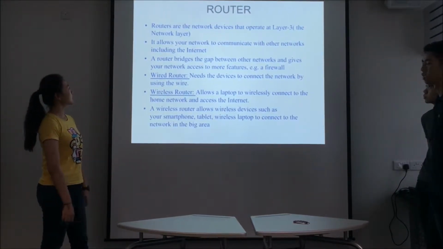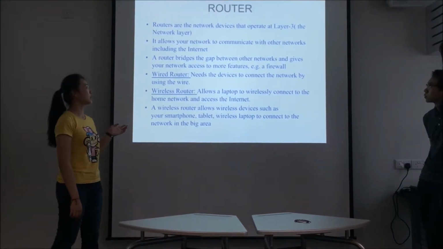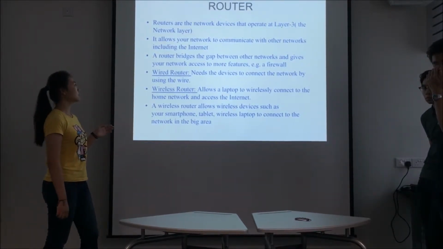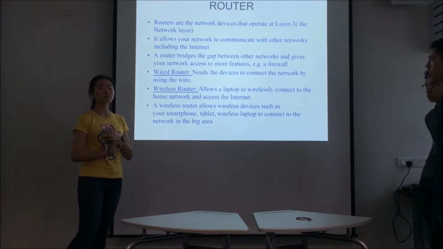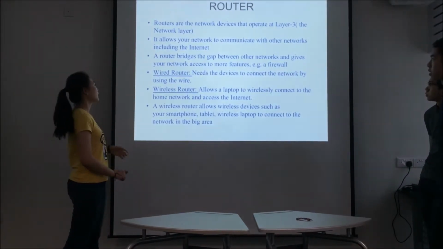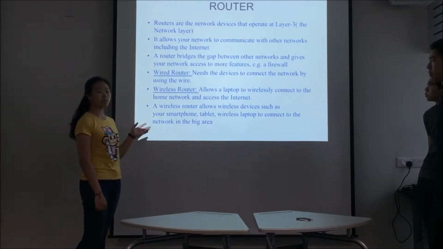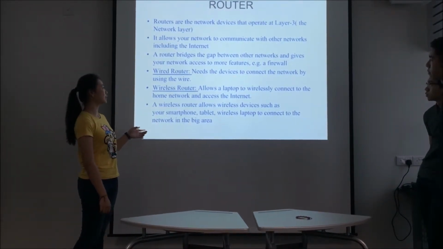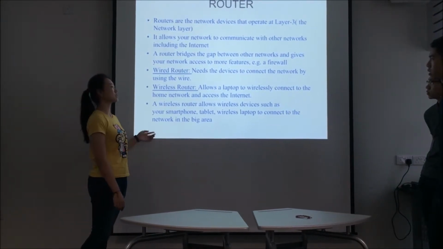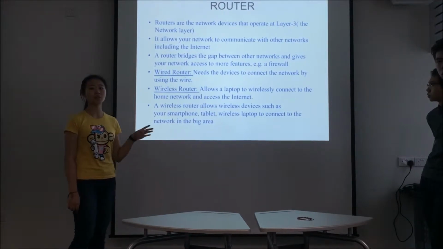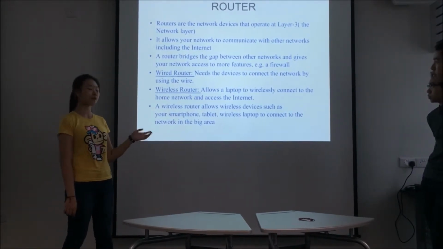And the last one is the router. A router operates on the third layer, which is the network layer. It allows your computers to communicate with other network devices by using the internet. And the router bridges the gap between other networks and gives your network access to more features such as the firewall. There are two types of routers, the wired router and the wireless router.